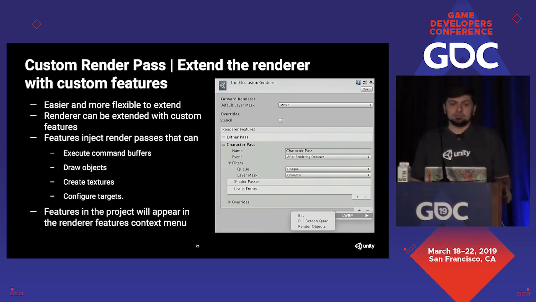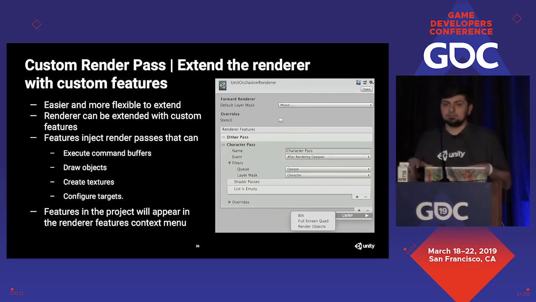It might be that you want to render your character with an outline when it goes behind a wall, and then you can inject a render pass to do that. These features are also scriptable objects. They contain data, and they contain logic to inject render passes at specific points. And Lightweight uses reflection to pick up all of the features that you have in your project, and those will be available on this drop-down list to be added to the renderer.